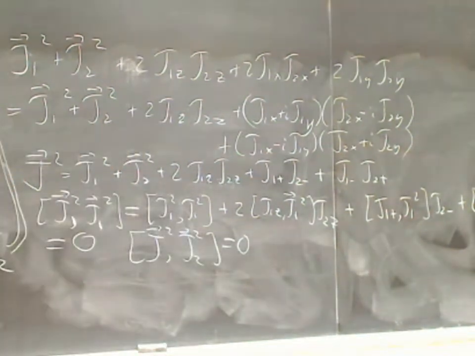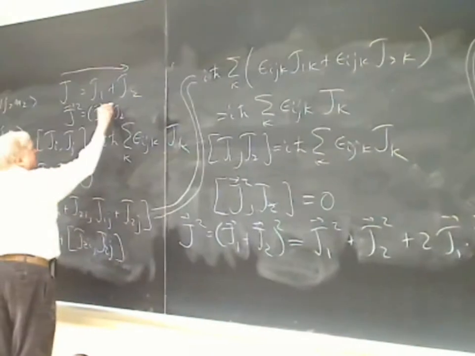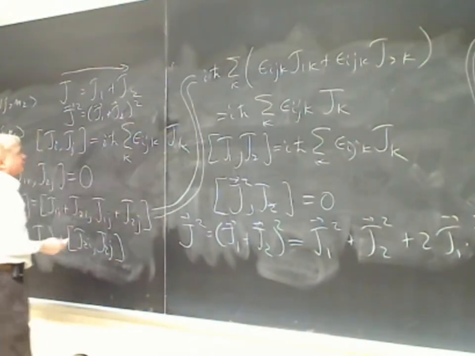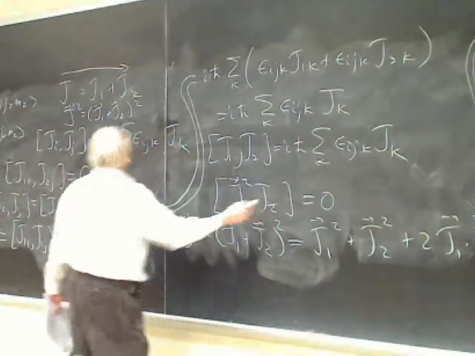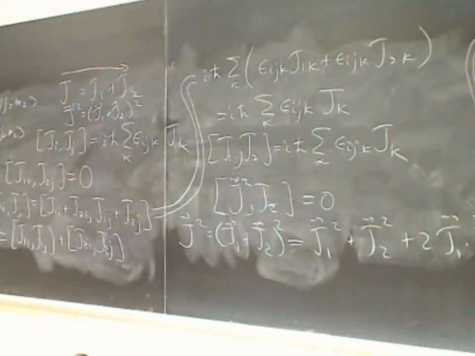And the same thing can be said about J squared with J2 squared. So now what we've got is the combined angular momentum, J1 plus J2, and J squared equals J1 plus J2 squared. We have that J squared commutes with JZ, being of course J1Z plus J2Z.